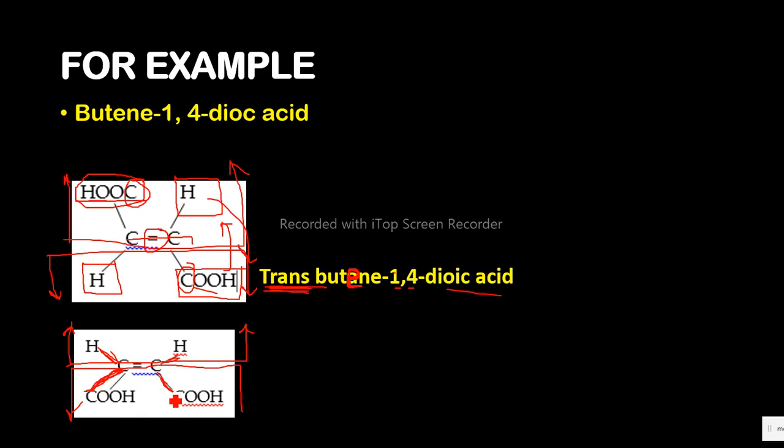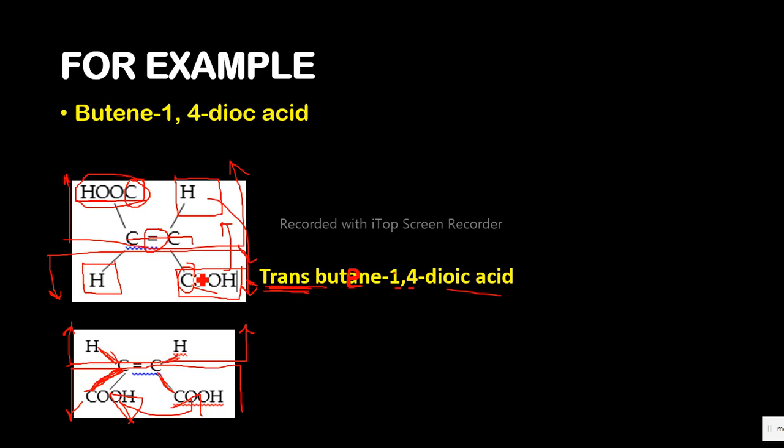Now here, actually, you can form intramolecular hydrogen bonding with this, but with the other one there is no way you can form intra. Anyway, we are going to see how these cis-trans forms affect the physical and chemical properties of an organic compound.